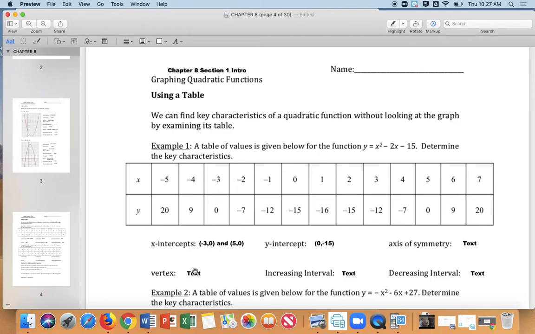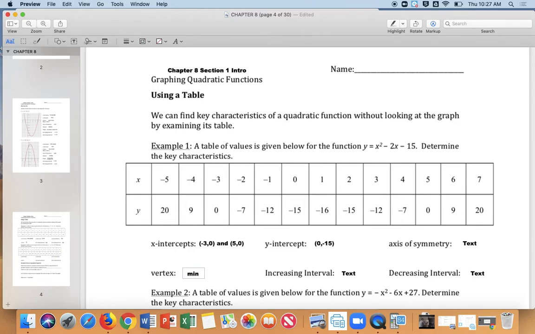All right, now my vertex. As I just said, notice it was going down, and then it got here and started to go back up. So this point right here, because it's where my values switch from decreasing to increasing, that is my vertex. And it's going to tell me that I have a min.